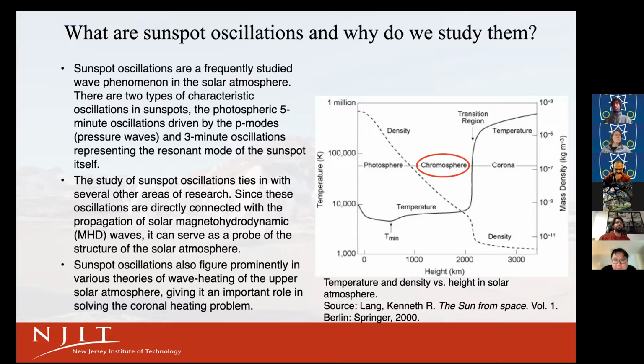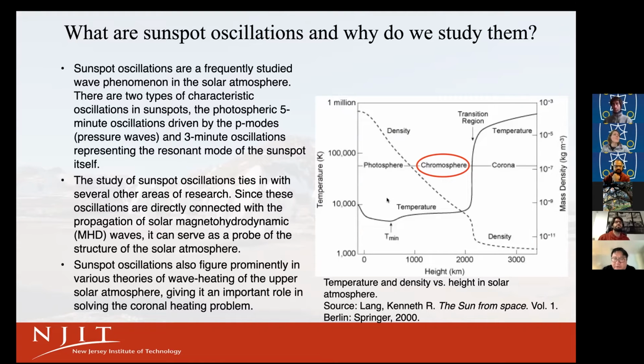The study of sunspot oscillation ties in with several other areas of research, since these oscillations are directly connected with the propagation of solar magnetohydrodynamic waves. It can serve as a probe of the structure of the solar atmosphere. It also figures prominently in the theories of wave heating of the upper solar atmosphere, giving it an important role in solving the coronal heating problem, which can be seen in this figure.